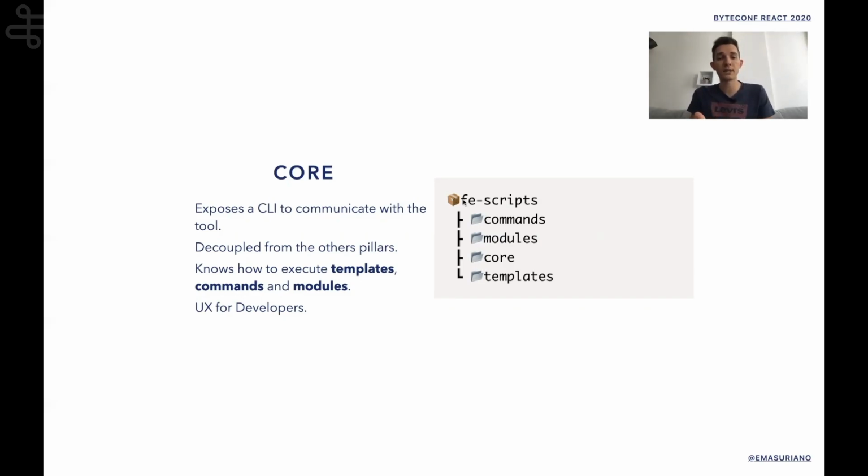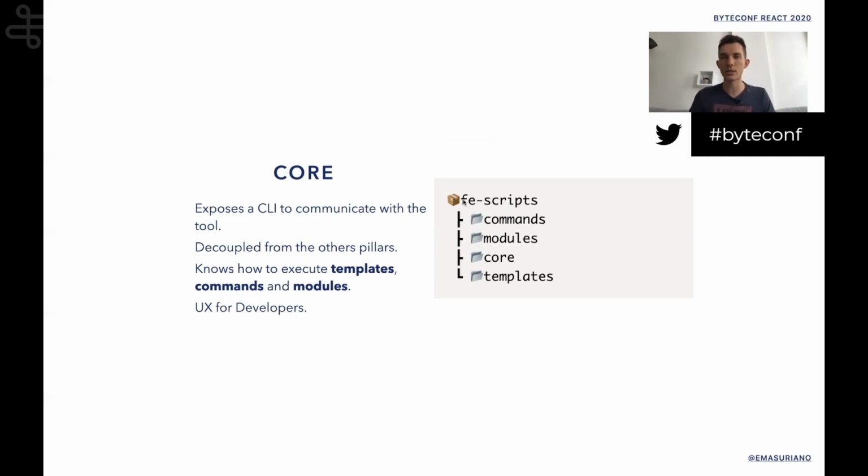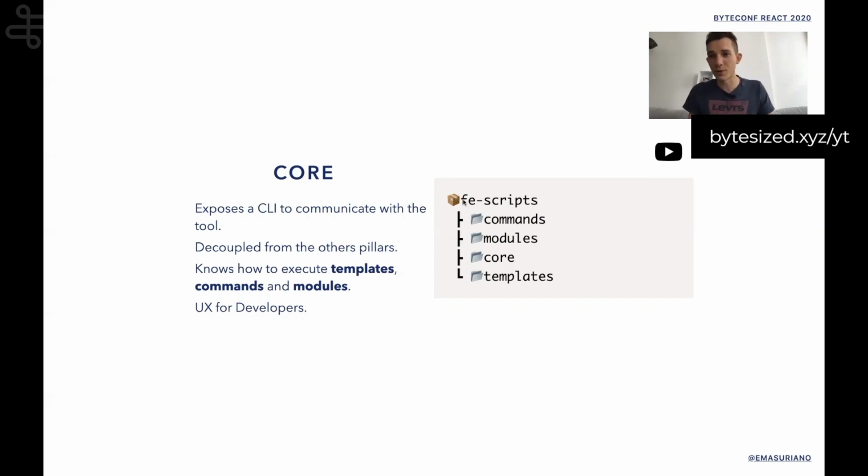And then the last thing is it provides UX for developers. What do I mean by UX for developers? For example, in case your module has a state, as I mentioned before, it can get a little bit messy because you don't know if the output of a module is going to be reproducible, or if, because you have a dirty state, the output is wrong.